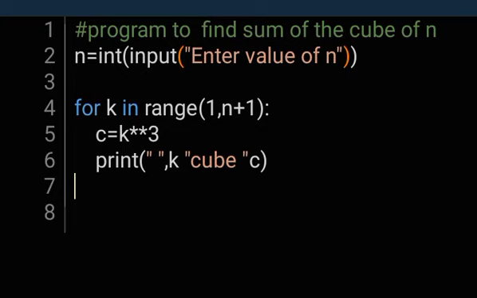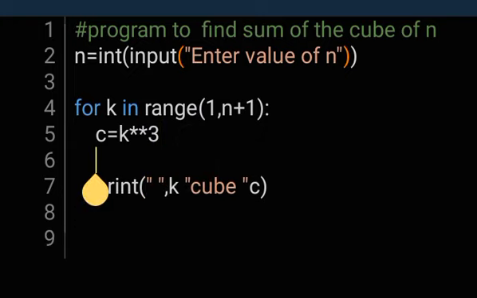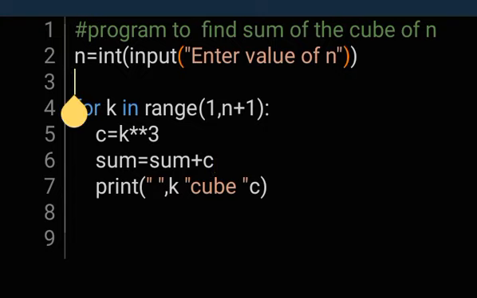Let's find, what did I say, the sum of the cube. So sum of the cube will be sum is equal to sum plus c. This expression will find the sum of the cube.